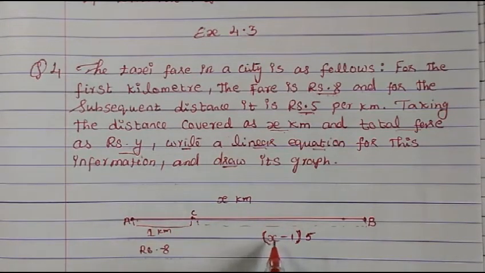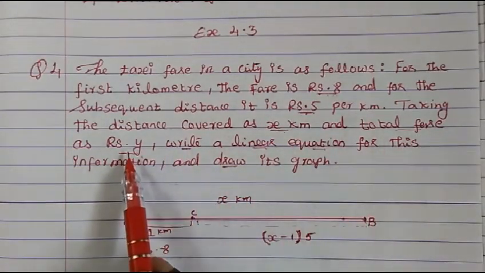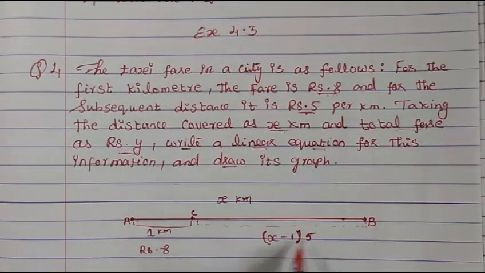So x is the total kilometer, and from there we minus the first kilometer. Then whatever may be the distance here, each kilometer 5 rupees will be increasing, so that's why we put multiplication. And for the total, we know the total fare is y. So this much we keep in mind.